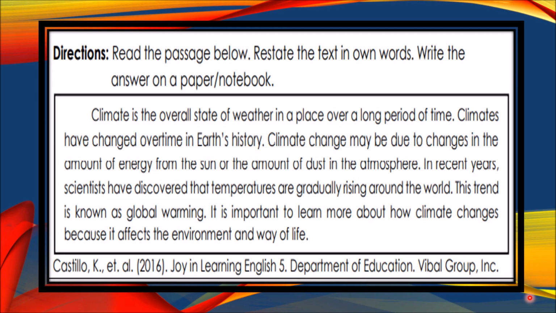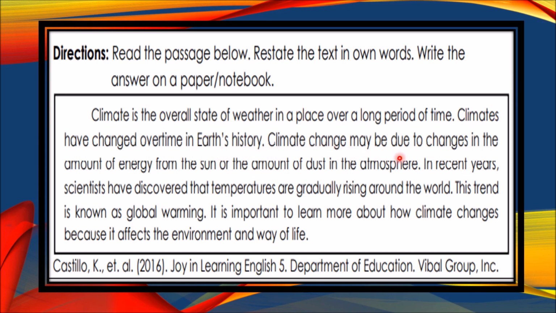Okay. Another passage. You have to restate the text in your own words. Write the answer on a paper or in your notebook. Climate is the overall state of weather in a place over a long period of time. Climates have changed over time in Earth's history.